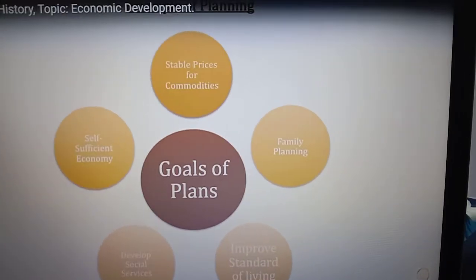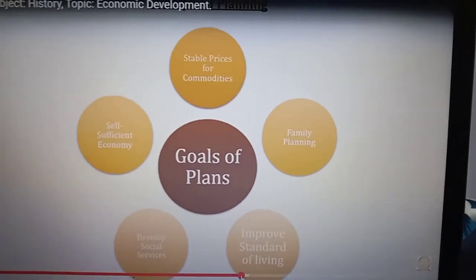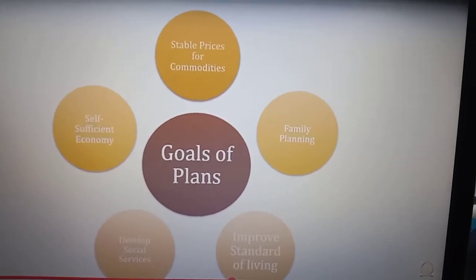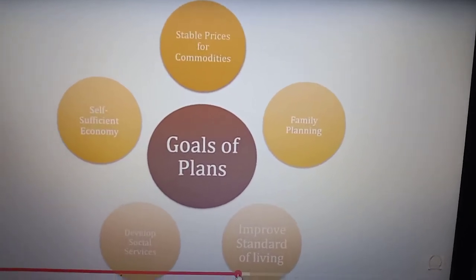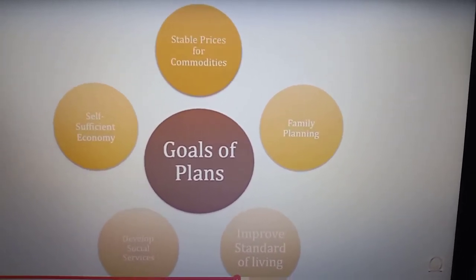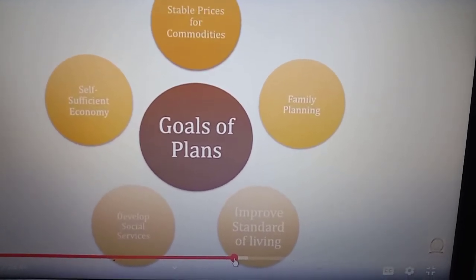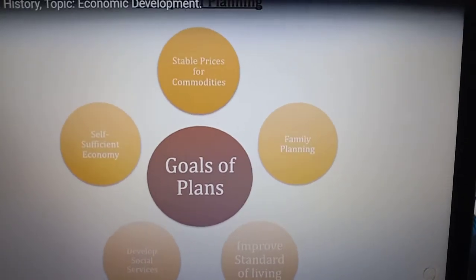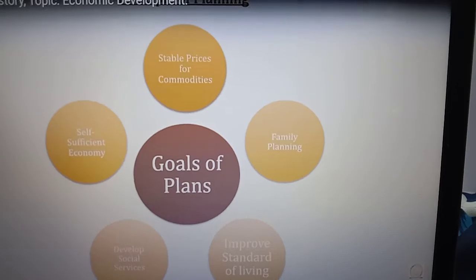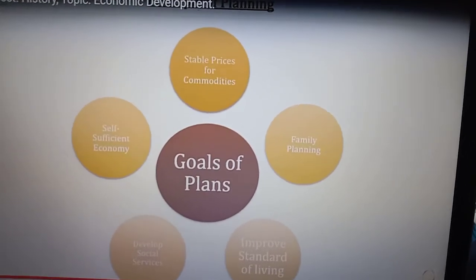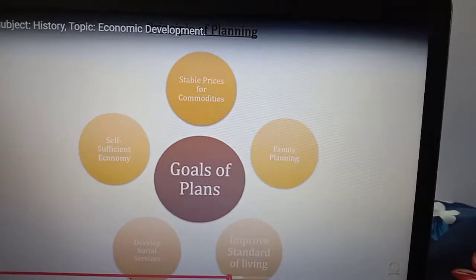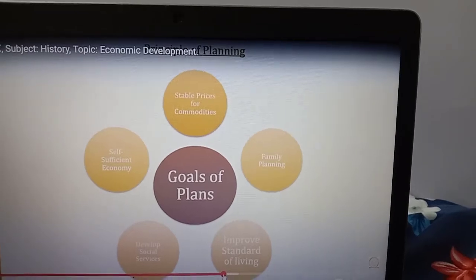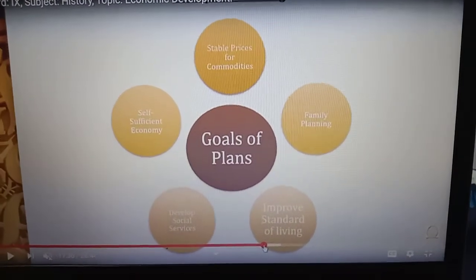As we know that India is a country with a large population, we should start some family planning programs, so that we can control India's population, and by doing that we can reduce poverty and improve the standard of living of the people. And social services also should be provided, which make people self sufficient. They don't have to suffer with poverty, they don't have to suffer with unemployment, so they will have self sufficiency in their life. So this is all about the 5-year plan.